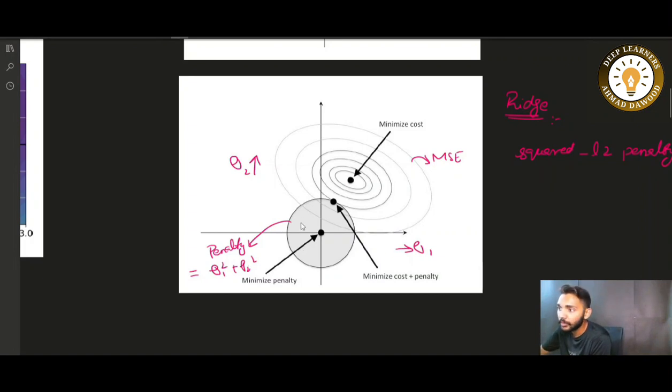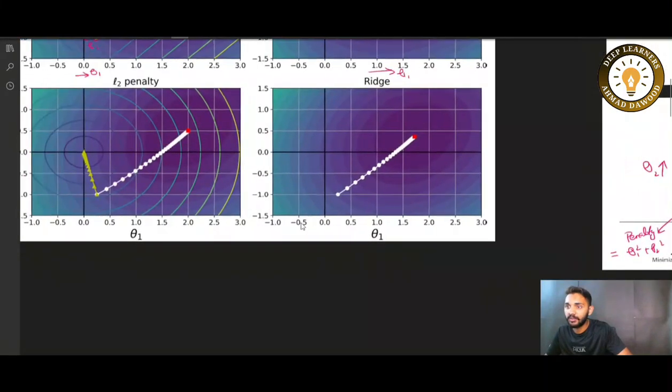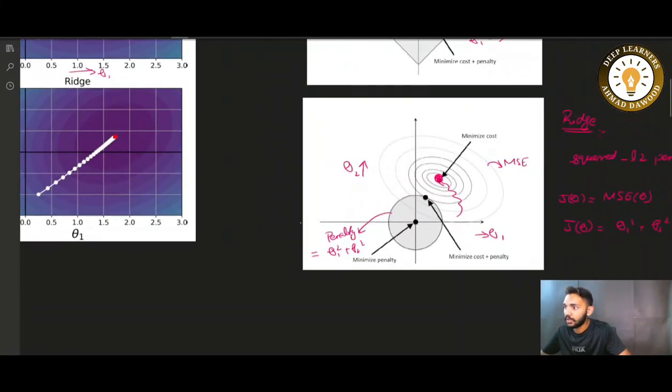When you run your algorithm on the function without regularization, just the mean square error, it works this way and goes toward the minimum mean square error. When you have just the penalty, theta 1 square plus theta 2 square, with no mean square error, gradient descent works in this way, going in this direction, and you minimize your penalty.